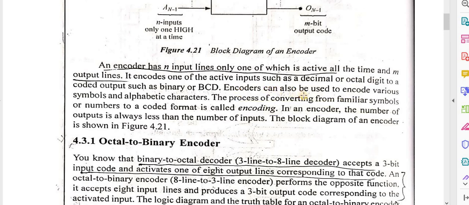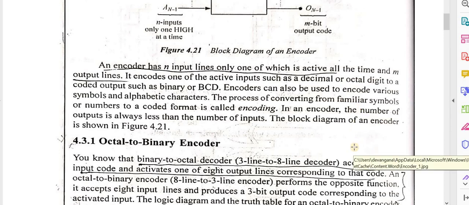Encoders can also be used to encode various symbols and alphabetic characters in the shortest form. The process of converting from familiar symbols or numbers to a coded format is called encoding.